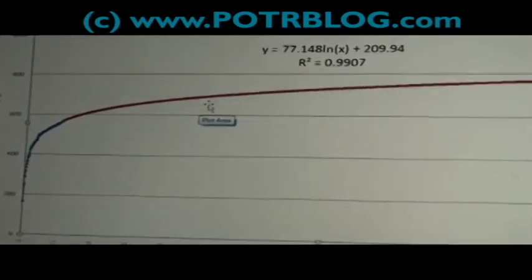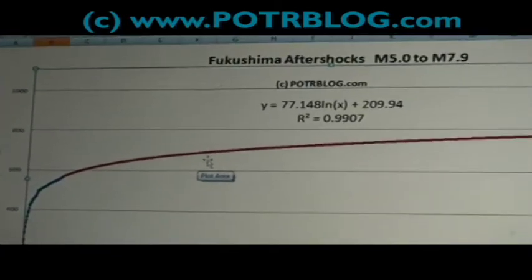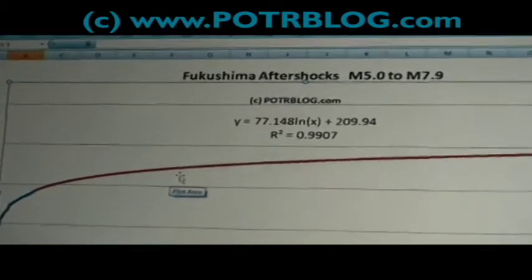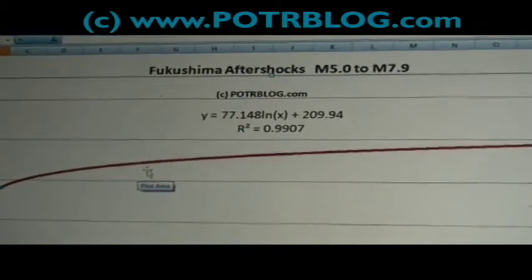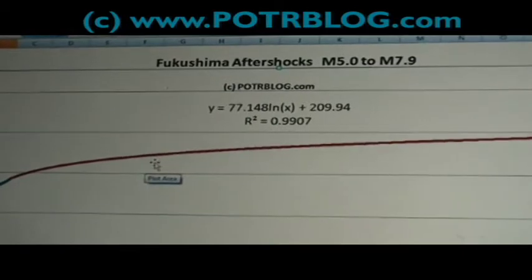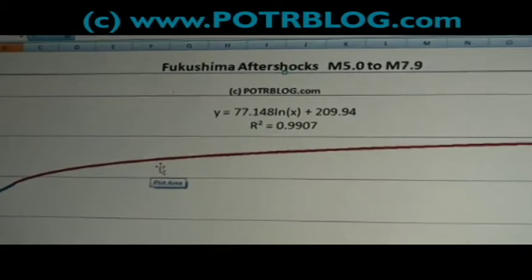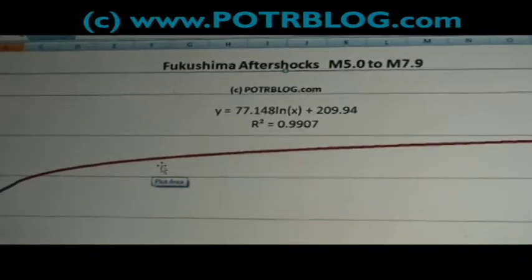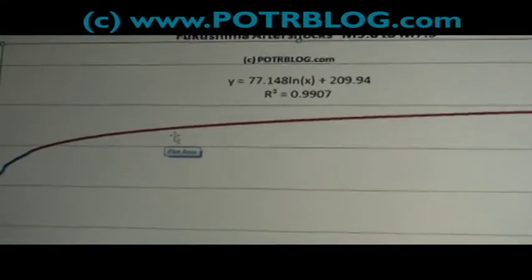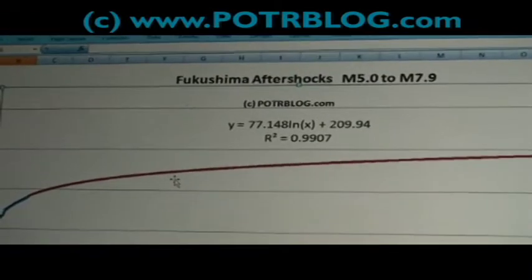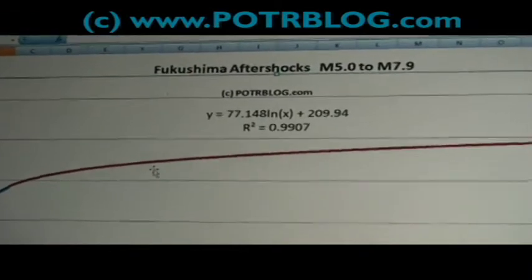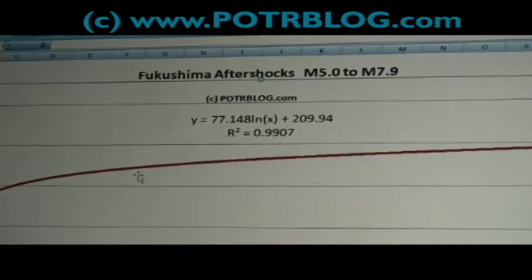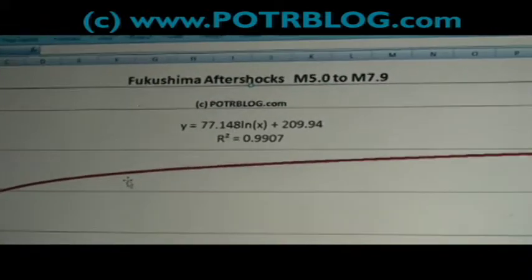The pattern for aftershocks is, for example, in Fukushima, if you have a 9.0 quake, you expect approximately 1 8.0 aftershock, 10 7.0 range aftershocks, 100 magnitude 6 aftershocks, 1,000 magnitude 5 aftershocks, and 10,000 magnitude 4 aftershocks, so on and so forth.